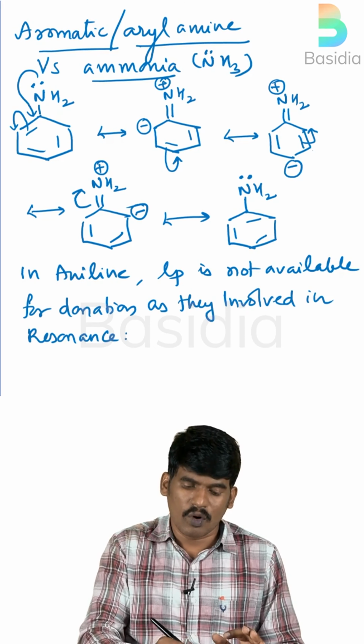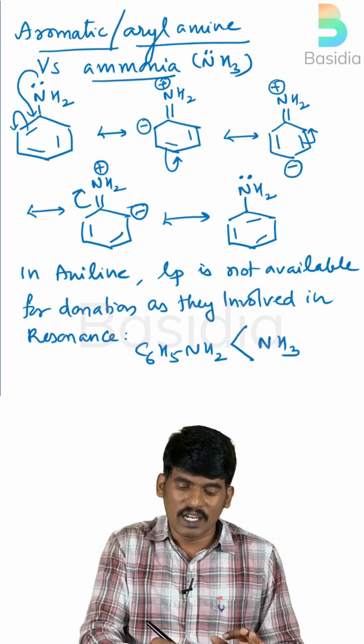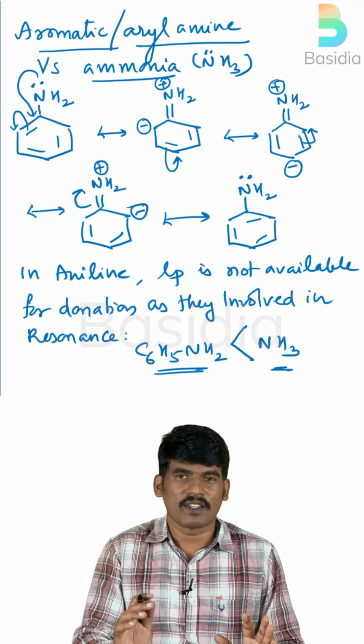Right? So then, what is the order that can be given? C6H5NH2 is a weak base compared to ammonia. So aniline is a weak base compared to ammonia. Hope you understand. So now the overall comparison: aliphatic amines are stronger bases than ammonia.